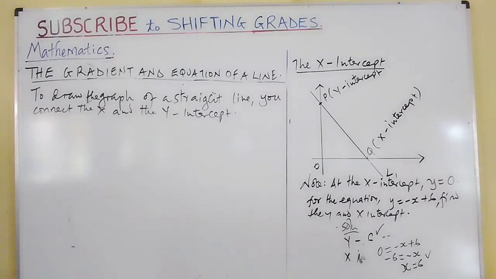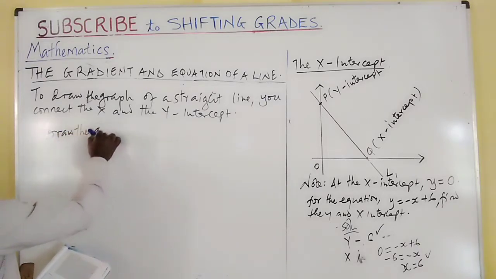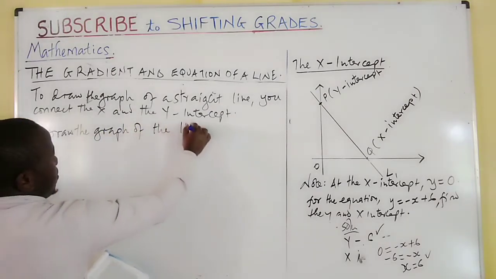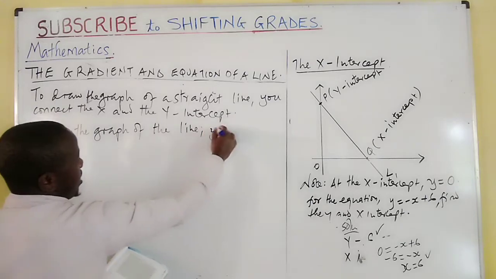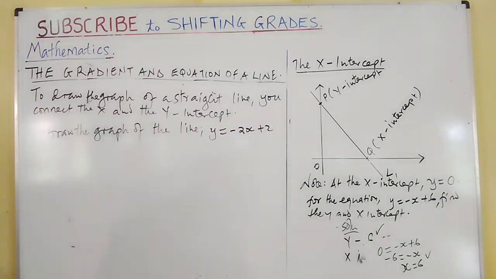You are told to draw the graph of the line y is equal to negative 2x plus 2.